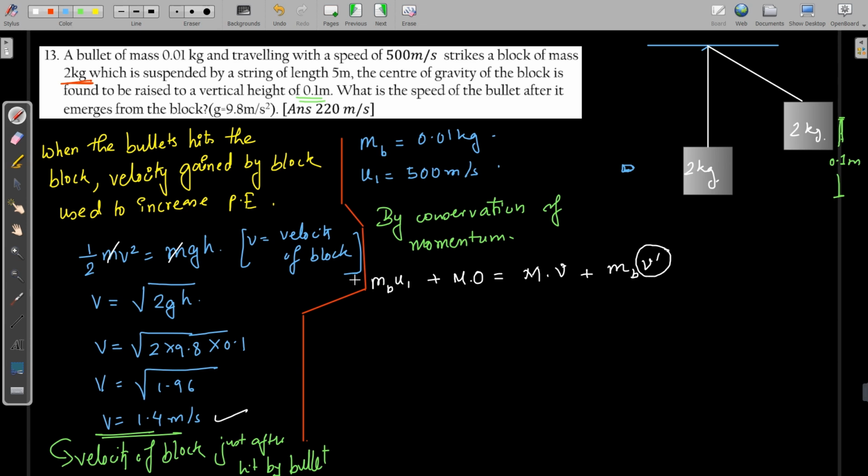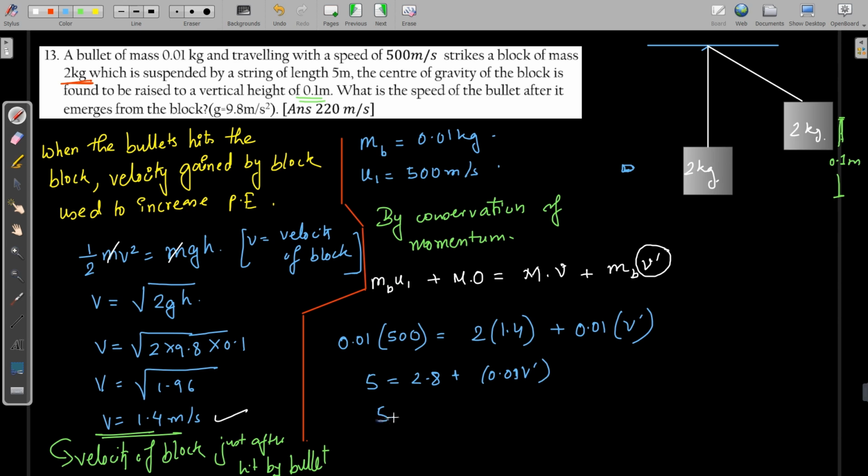Now see, mass of the bullet mb is 0.01, u1 is 500, this is 0, mass of the block is 2 kg, that is into velocity 1.4, this is mass of the bullet 0.01 into v dash. So we can find out. We are getting 5, and this is 2 into 1.4, that is 2.8, plus 0.01 v dash, right?